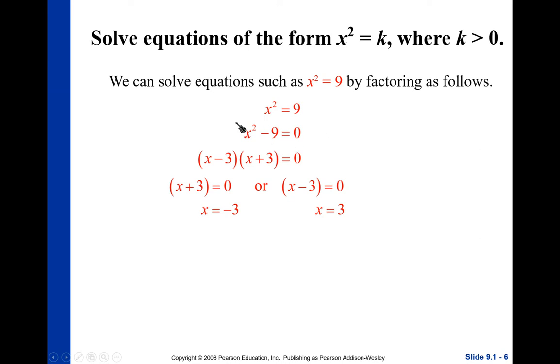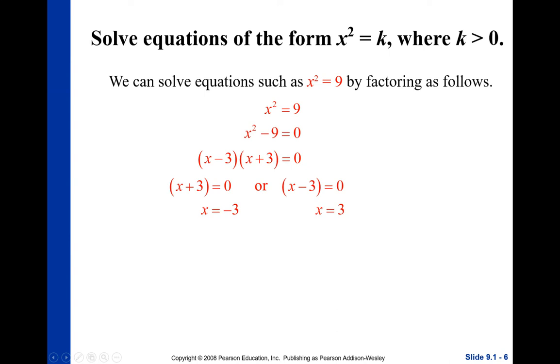Kapag na-equate na sa 0, simple lang ang gagawin natin. I-factor natin siya. So, paano i-factor? So, ulitin natin yung sinabi ko kanina. X squared. Anong factor ng x squared? X saka x. So, lagyan natin dito, bracket, x, x. Then, si negative 9. Ano ang kanyang factors na kapag dalawang number, pag minultiply natin sila, magiging negative 9.